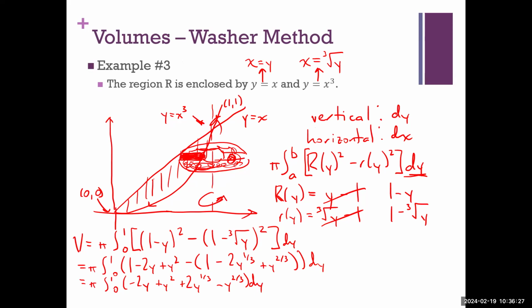How are we doing so far? Okay, so let's go ahead and finish it. What are the integrals of all these things? Minus y squared plus a third y cubed.